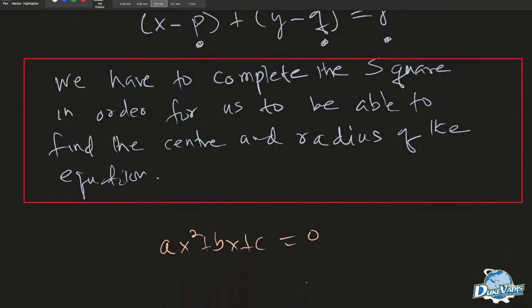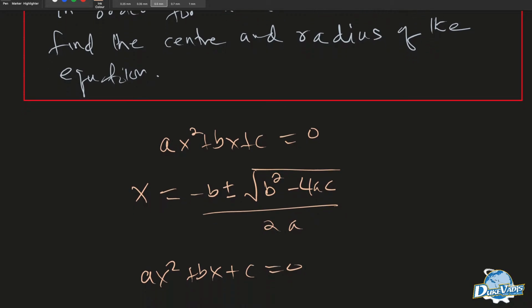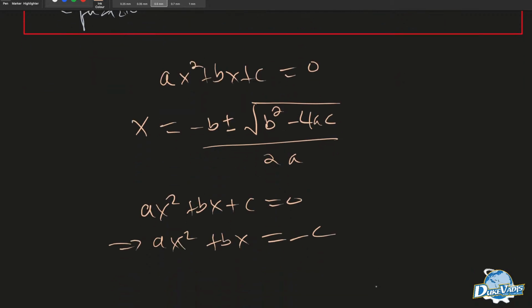From that we were able to derive the equation that says x is equal to negative b plus or minus the square root of b squared minus 4ac, all over 2a. Then through that we did the completing of the square. That one we said ax squared plus bx plus c equals 0, so we said ax squared plus bx is equal to minus c.